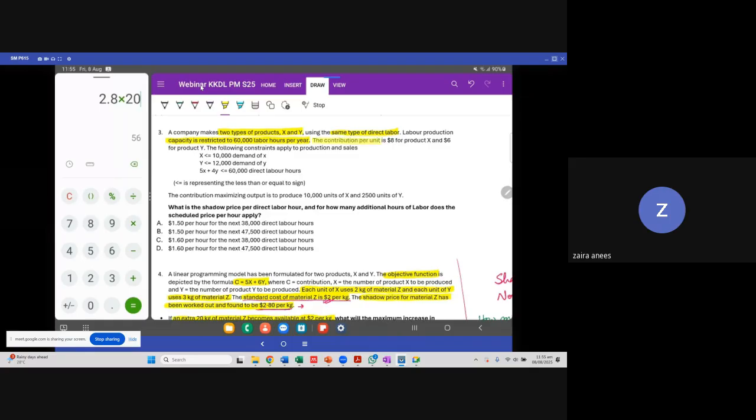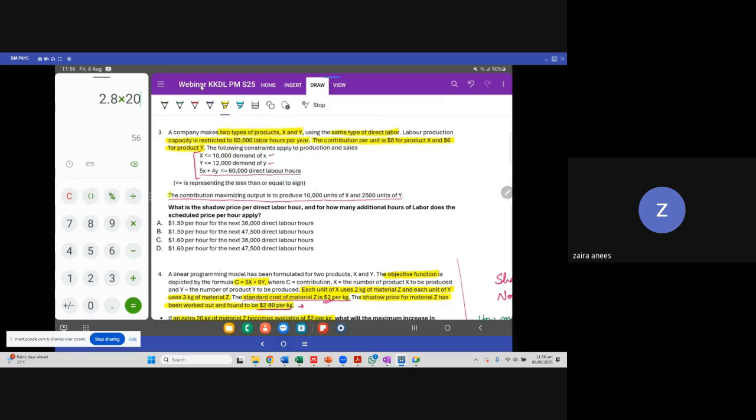The contribution per unit is 8 for product X and 6 for product Y. The following constraints apply to production and sales: X is 10,000, which is the maximum limit for X. 12,000 is the maximum limit for Y, and 5X plus 4Y should be less than or equal to 60,000. This is the labor constraint. The contribution maximizing output is 10,000 units of X and 25,000 units of Y. Right? This is the solution basically.